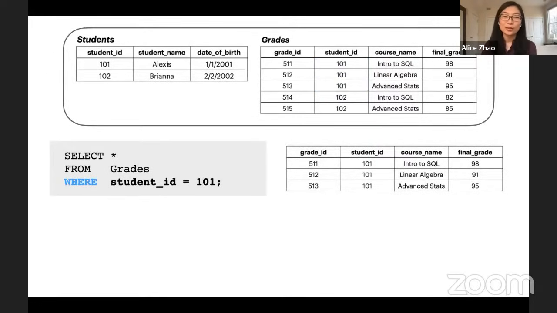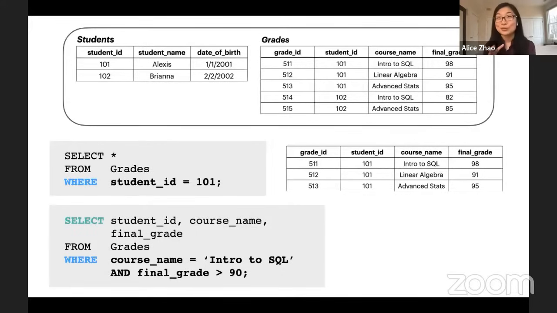This one's a little bit more complex. I've added specific columns I want in the select clause. I've added the filters in the where clause. And so this is really going to narrow down my data. So these are the 3 columns I want. And then these are my filters here and here.